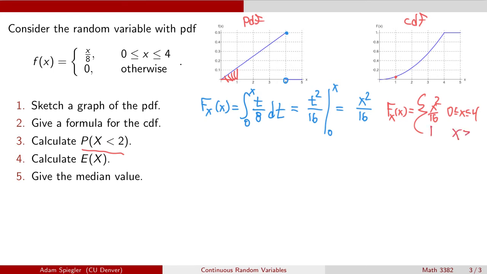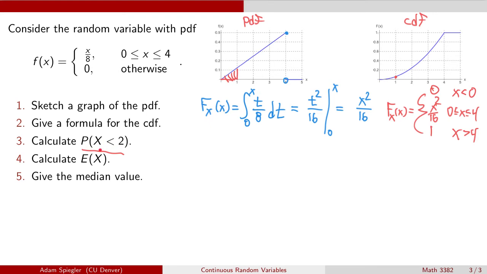And we don't have it graphed over here, but since x's minimum value is 0, any probabilities for x being less than 0 are going to be 0. So we actually have this piecewise function where the cumulative distribution starts off at 0, then it should increase as x gets larger and eventually flatten out, and as x goes to infinity, approach 1. And so we see all of these properties in our graph.